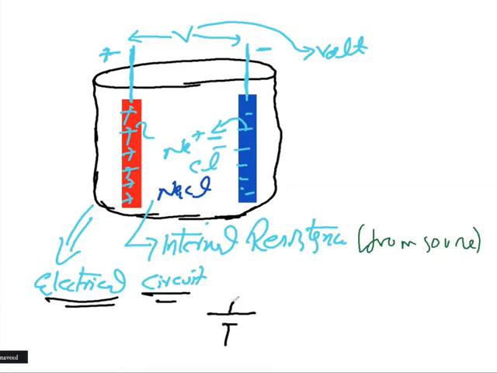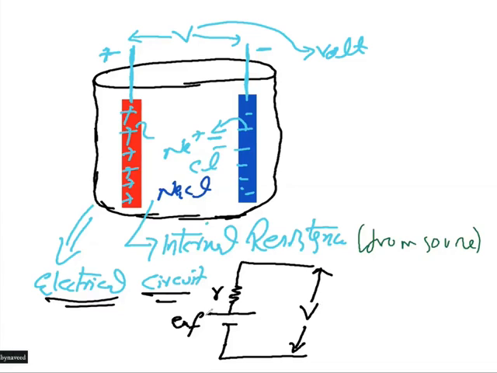I also have some internal resistance, and the value of that resistance is small, so that's why I represent it by r. This potential is EMF. Here I will get a voltage, and that is V. This is known as voltage or potential difference.